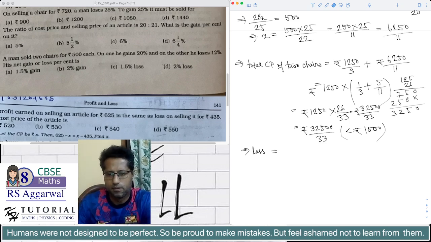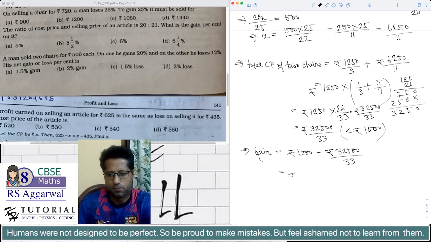So definitely there is a gain, because the selling price of the two chairs is 1000. So the gain is rupees 1000 minus rupees 32500 by 33.